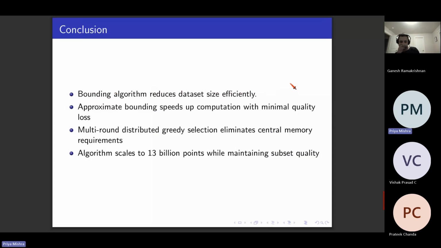Both the bounding algorithm or approximate bounding algorithm and the distributed greedy algorithm are used, and they are run sequentially. And because of the partition, it avoids memory overhead, and it is scalable for points up to 13 million or even more.